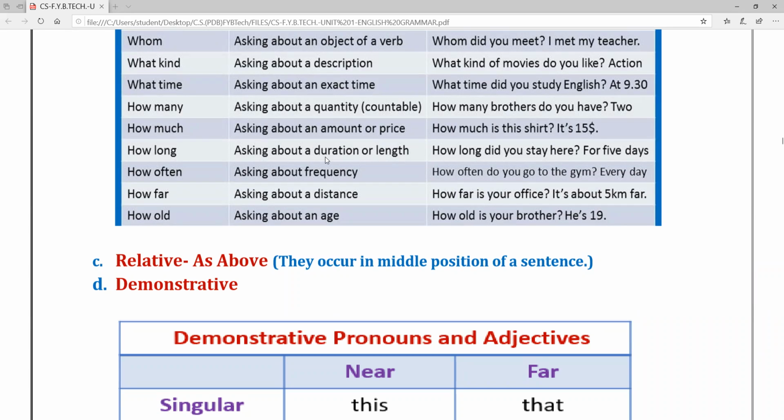Then how long is used for asking about a duration or length. एखाद्याचा कालावधी विचारण्यासाठी how long वापरतो. How often is used for asking about frequency. How often the train for Dombivli is running. Okay, how often the train for Dombivli is running from CST.